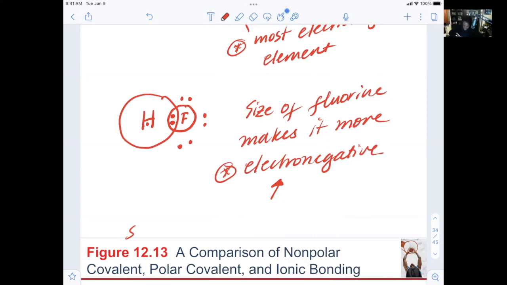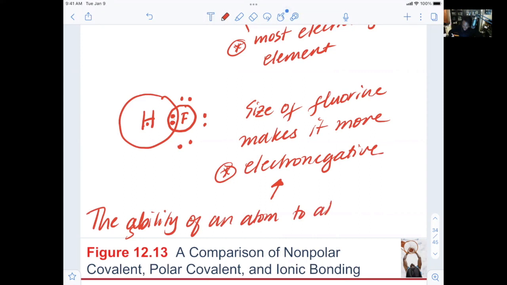Electronegativity, this is the ability of an atom to attract shared electrons to itself, okay?